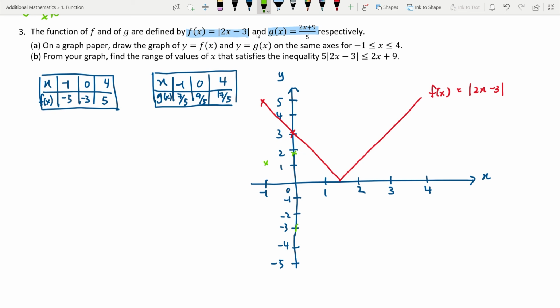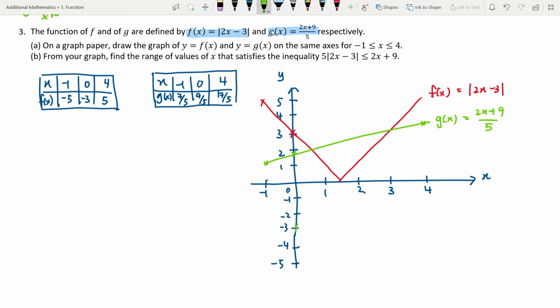And when our x is 4, our g(x) will be 3 and 2 over 5, so it's 3.4, somewhere here. Join all the points together. And this is our graph g(x), 2x plus 9 over 5. Part A is done.